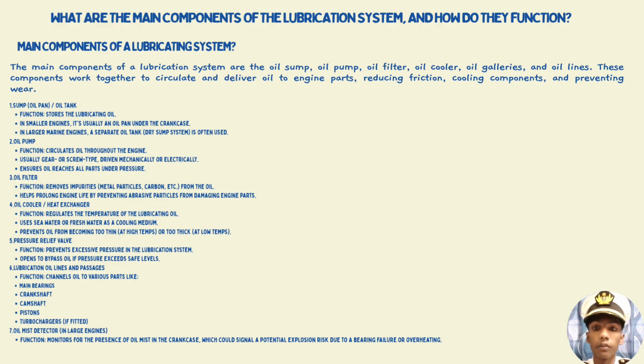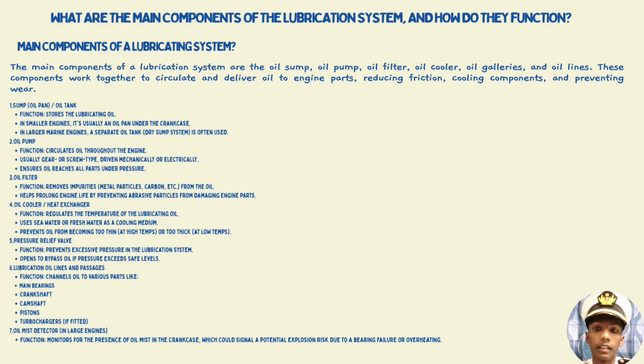The function of each component is as follows. The first one is the sump, oil pan, or oil tank. The function is to store the lubrication oil. In smaller engines, it's actually an oil pan under the crankcase.